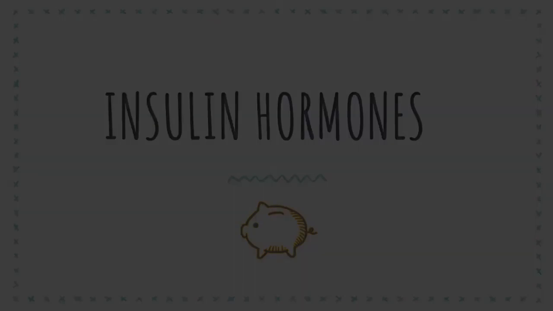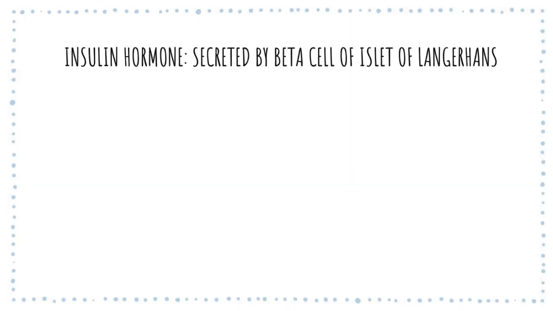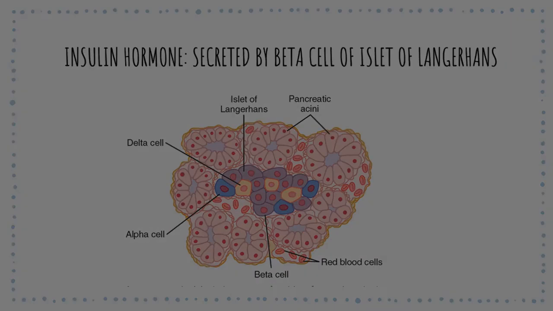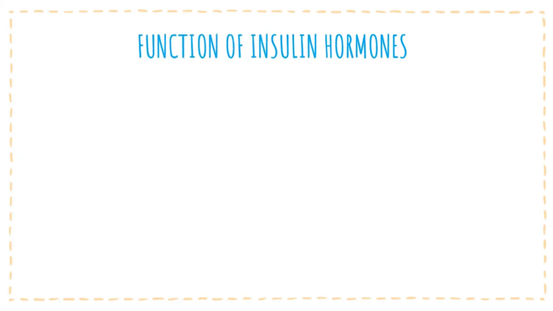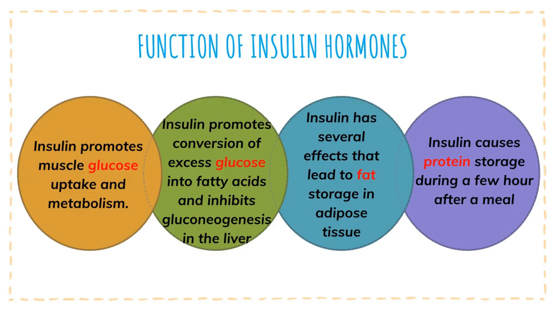Insulin hormones. Insulin hormone is secreted by beta cells of the islets of Langerhans. Function of insulin hormones. Insulin promotes muscle glucose uptake and metabolism.